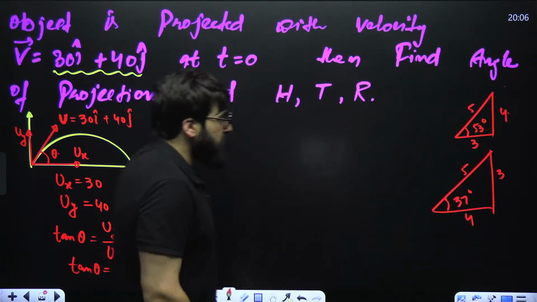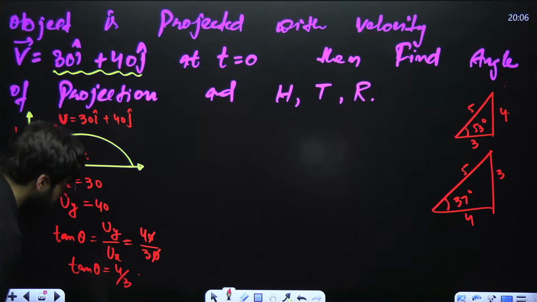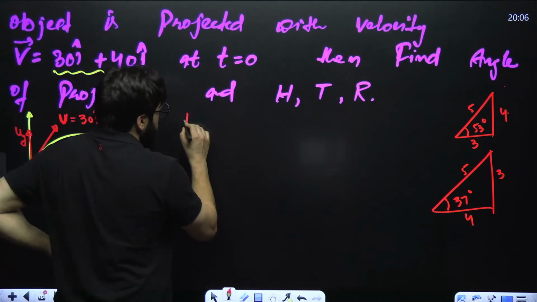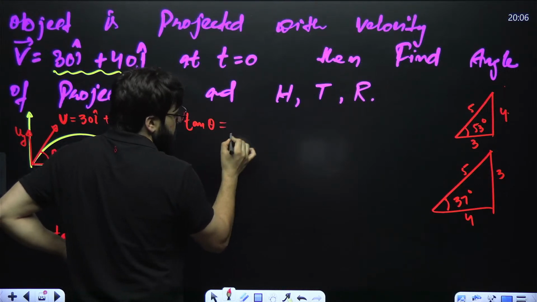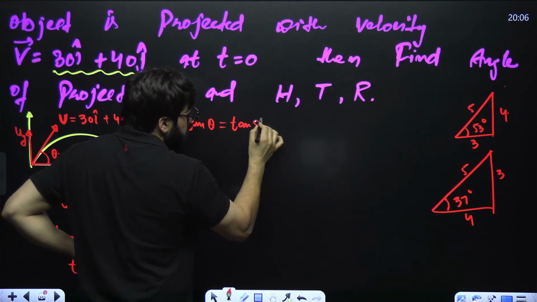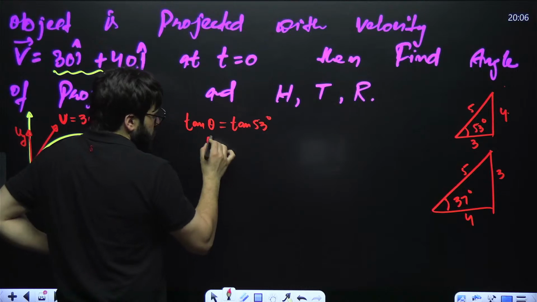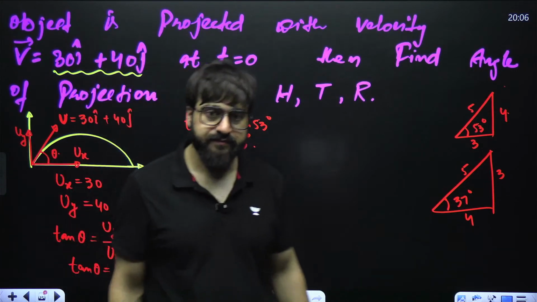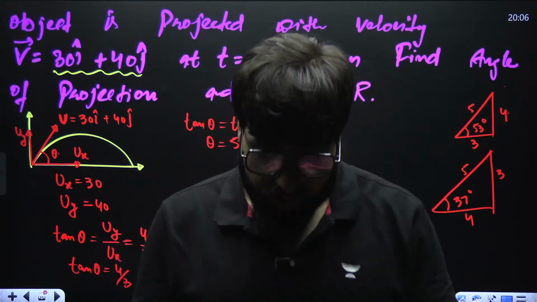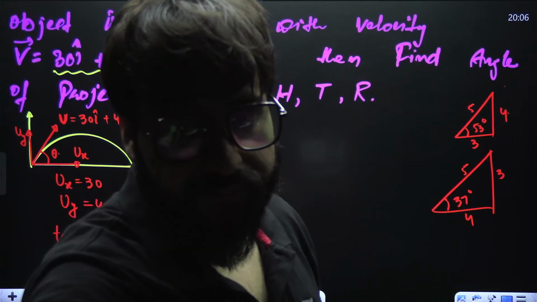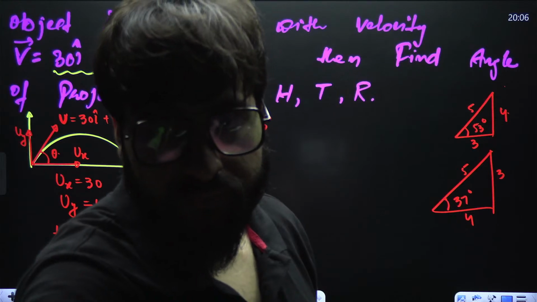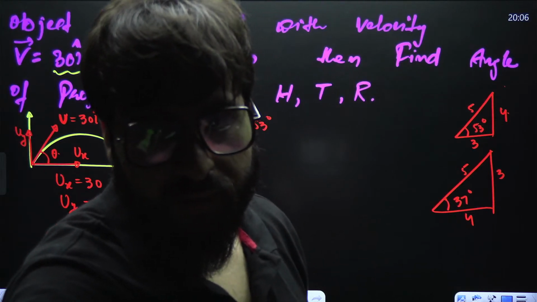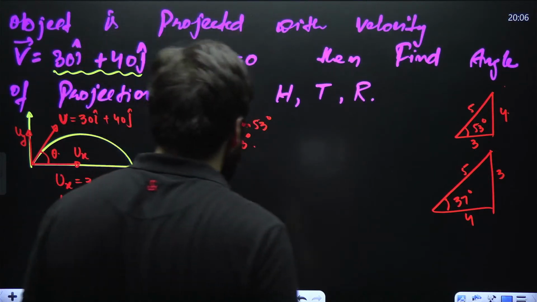Tan 53 is 4 by 3. So instead of 4 by 3, I can write tan theta is equal to tan 53 degrees. So theta is equal to 53 degrees. I hope this is clear till here. A lot of people are giving me the answer 53.